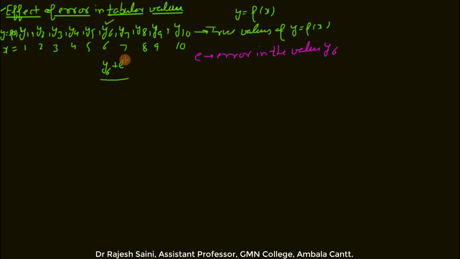So how does the presence of this error affect the forward difference table, and how does this error propagate into the different columns of the forward difference table? That we will see in this article: how a single error in any of the true values is going to affect the other columns of the forward difference table. So for that we will form the forward difference table.